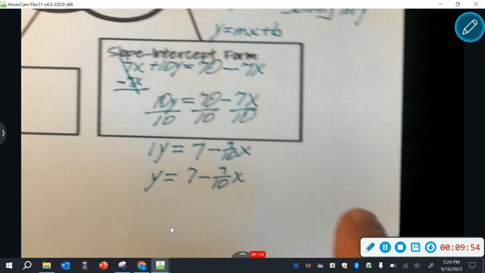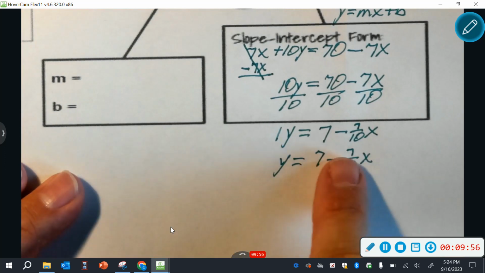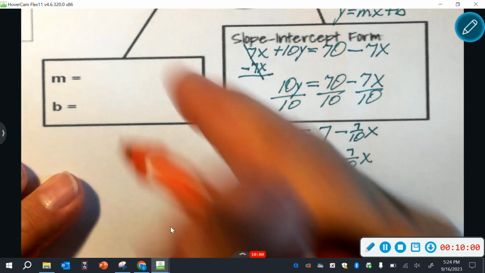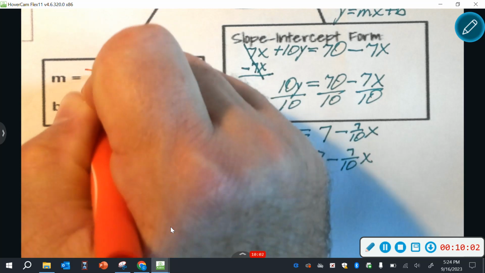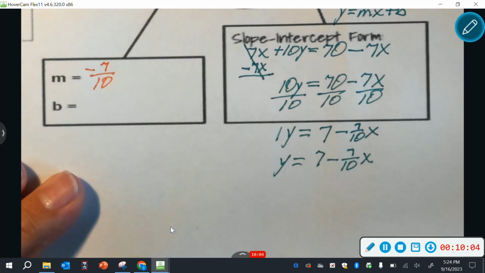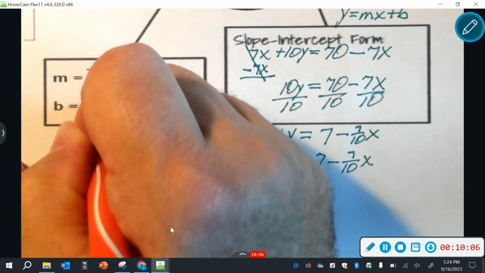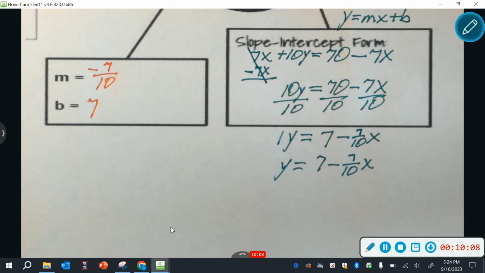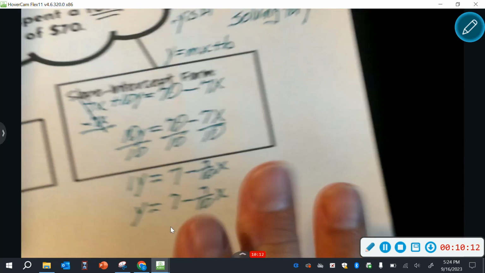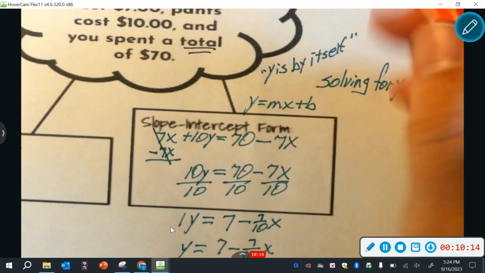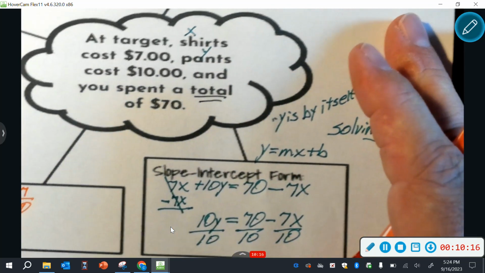Now on this one, our slope is negative 7 over 10x. We want to make our slope negative 7 over 10, just like that, and then our y-intercept will be 7. Make sure you copy all of that onto your notes.